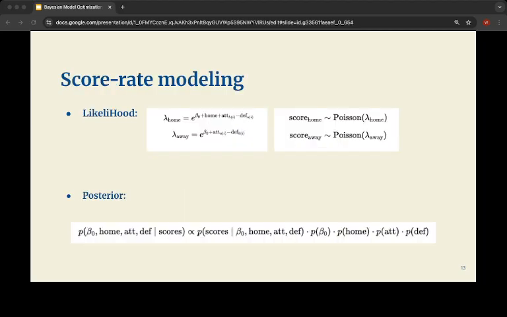Score rate modeling. We use lambda, with the exponential of the home score and away score with the base global normal distribution, for both the home and away team here.